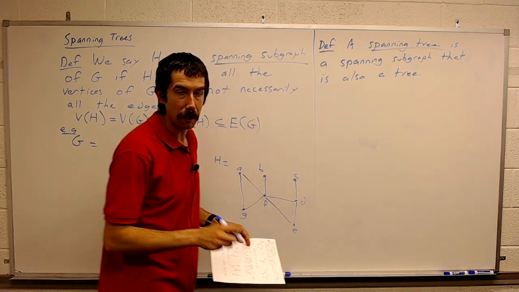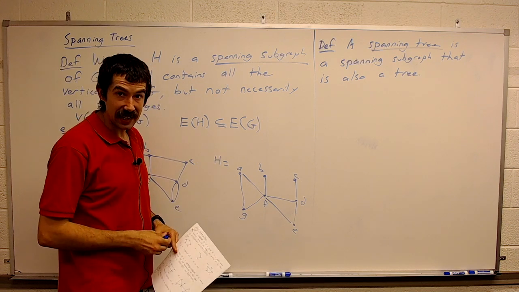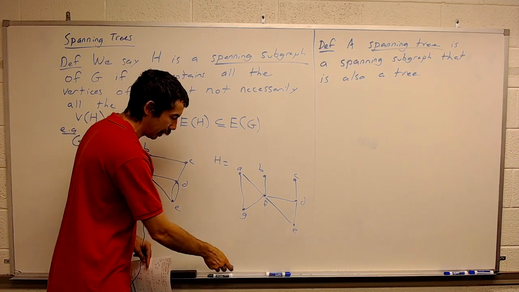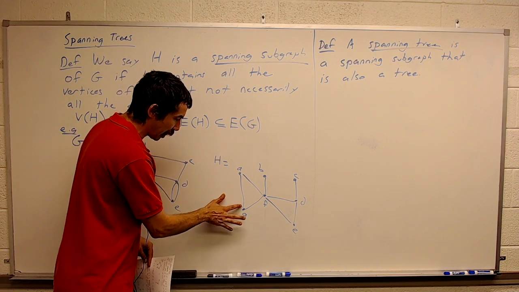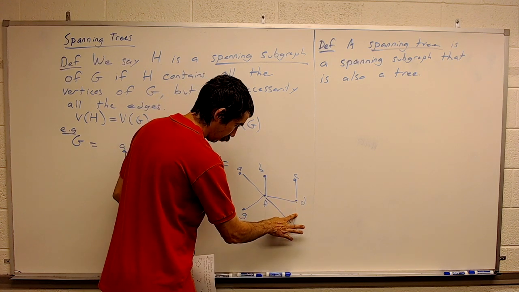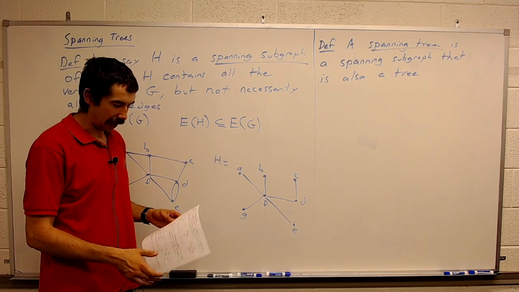Okay, so remember what it means to be a tree. It means that the graph is connected and it has no cycles. So this is not a spanning tree, but if we got rid of some of the edges, now we do have a spanning tree.